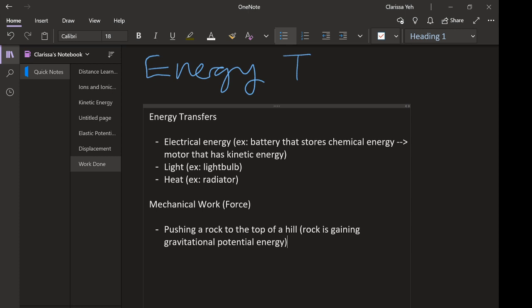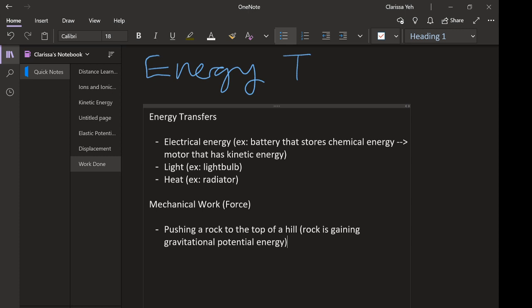It needed to have been transferred from an outside source. That outside source being you. You pushing the rock to the top of the hill. You're giving it your energy, and then that energy is getting transferred to become gravitational potential energy as the rock increases in its height.